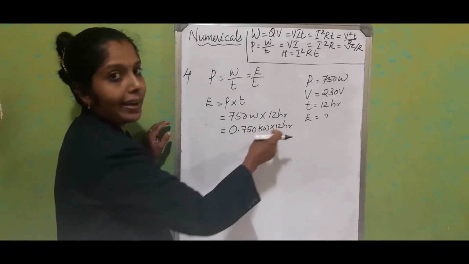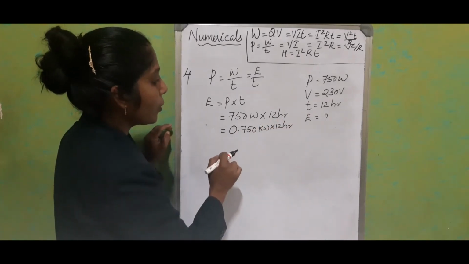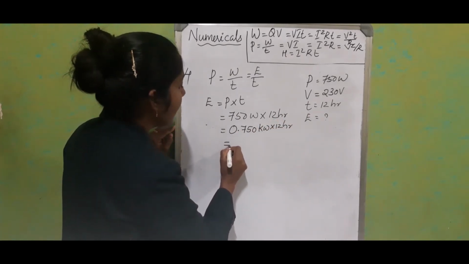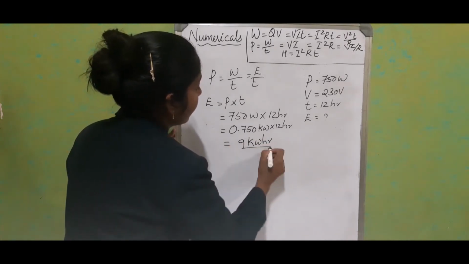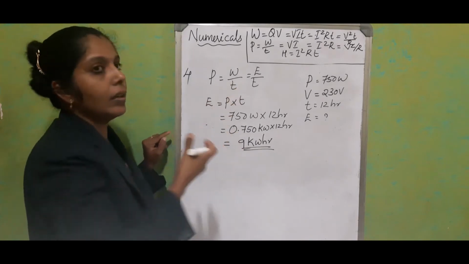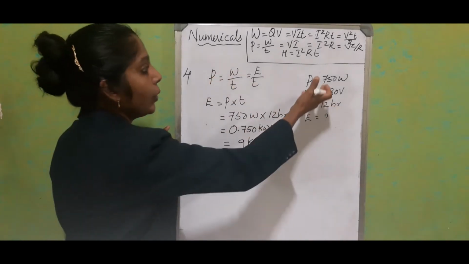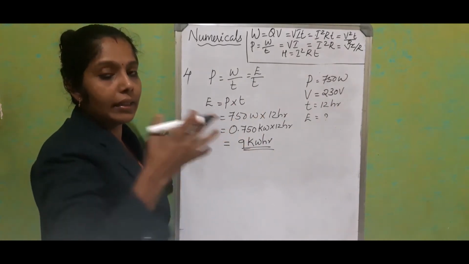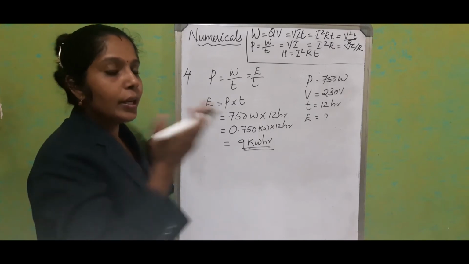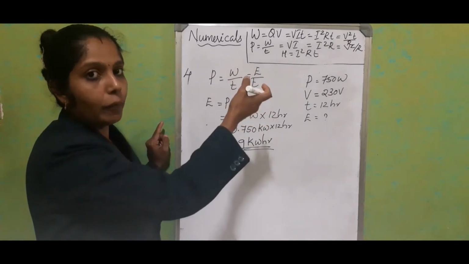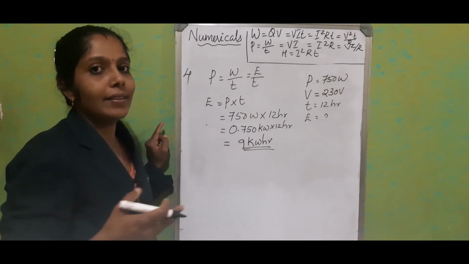Just to get an idea of the unit, I have written it this way. When you solve it, you will get the value as 9 kilowatt hour. Wherever you get a rating, power and voltage will be given, so from that we can find out what is P and what is V. Let's move to the fifth question.